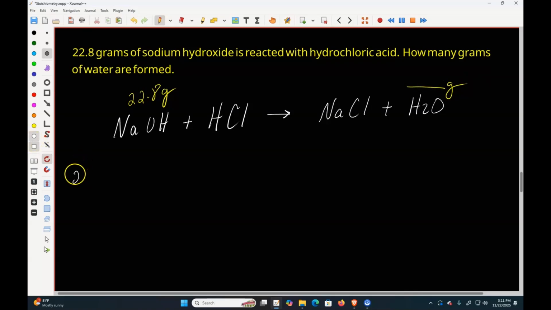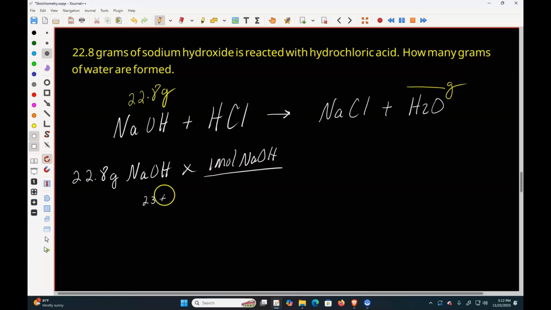So we'll start with our 22.8 grams of sodium hydroxide. Convert that into moles. Sodium is 23 plus 16 plus 1. It gives me 40 grams of sodium hydroxide.